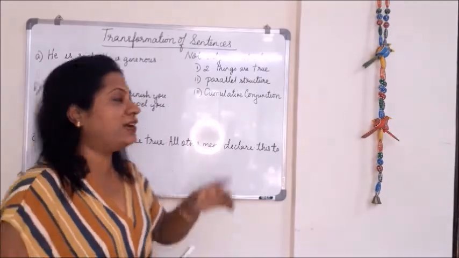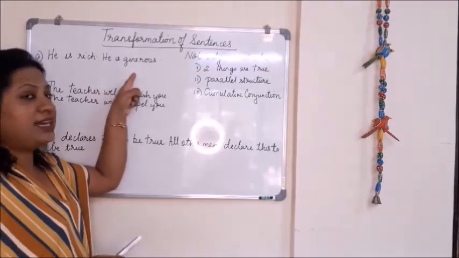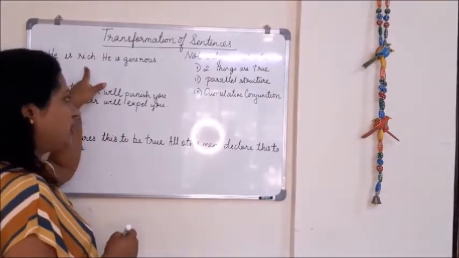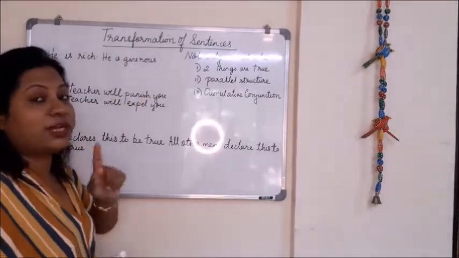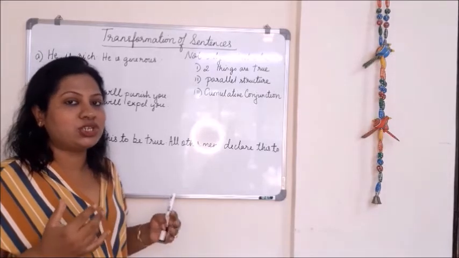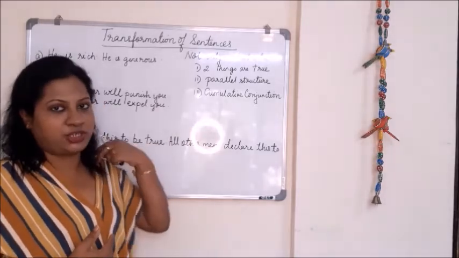As you can see, I have given an example over here. He is rich, he is generous. Here we have two adjectives. One is rich and one is generous. This is what I mean by parallel structure. You cannot have a combination of different things in this kind of expression.